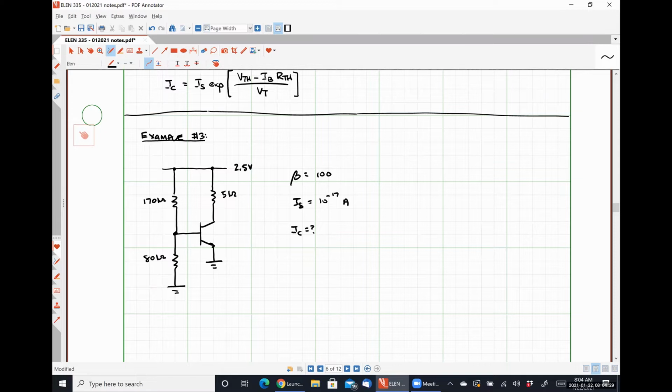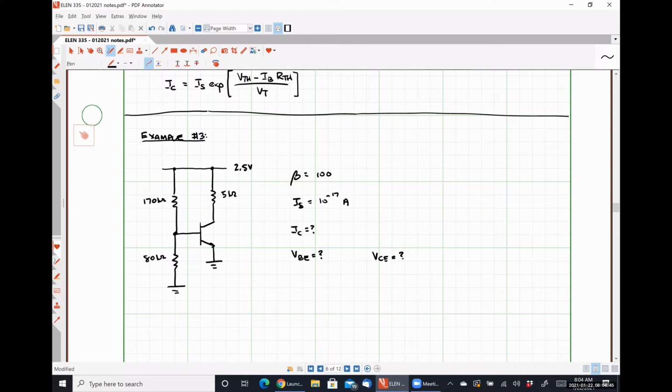IC, our voltage VBE. We'll also need our voltage VCE, so that we can make sure it's operating in the forward bias active region.